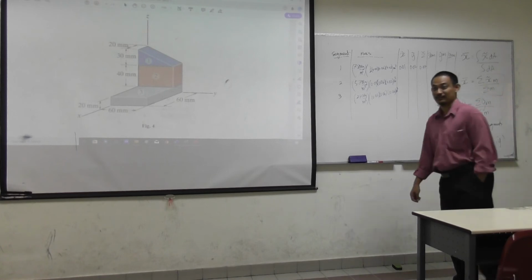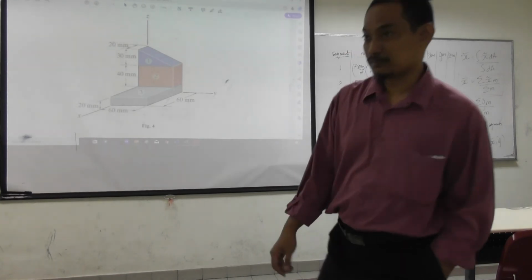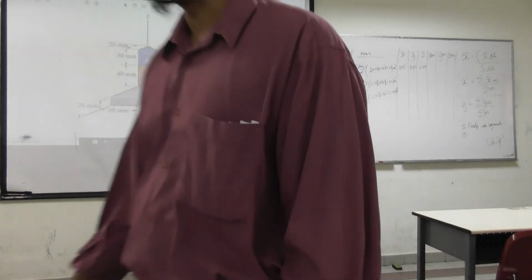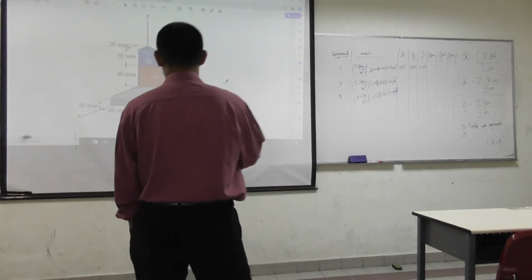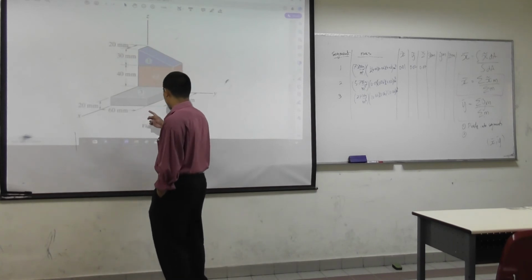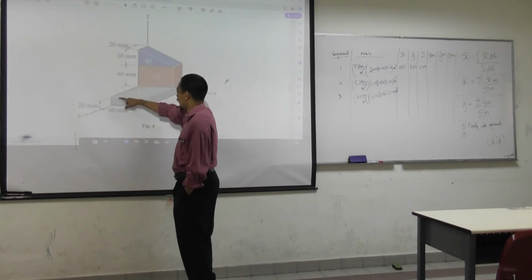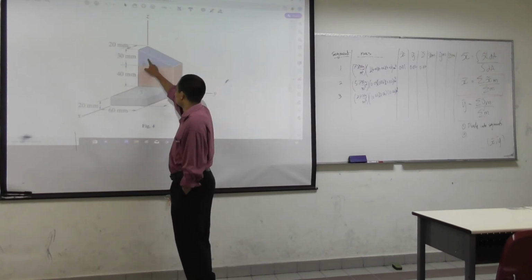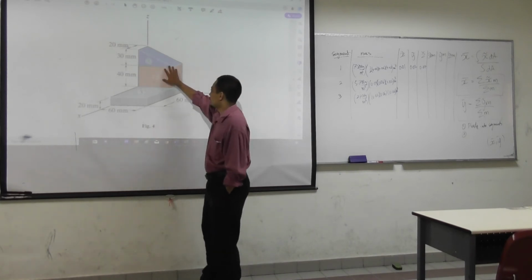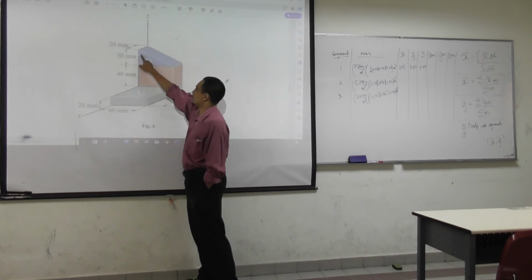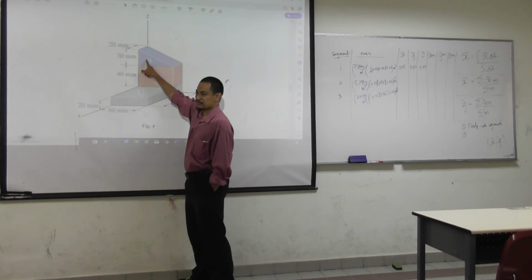Okay. First, X axis, Y axis, you know, right? This x, y, and z. So basically the coordinate of the centroid of this block, we want to know what is x, y, and z. If you have a block like this, the one that we have covered before, if you see the cross section, it will give you y and z, right?